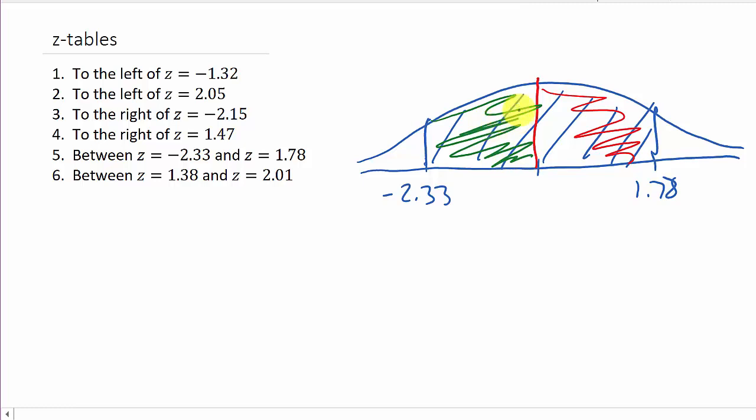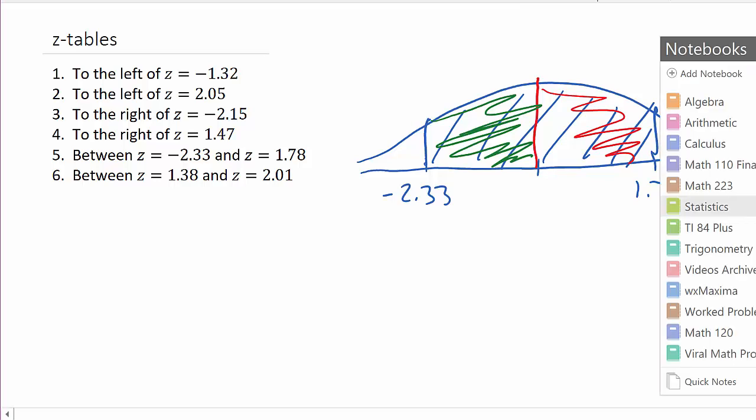Then we'll just add them together. I know it's negative, but this table only has positive numbers, so we have to look up the positive one.